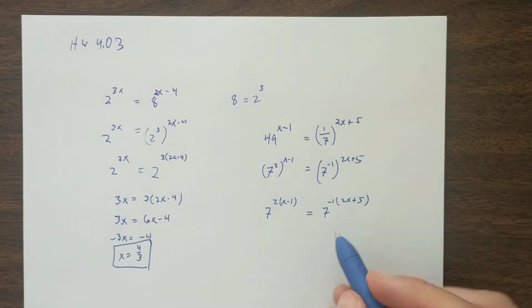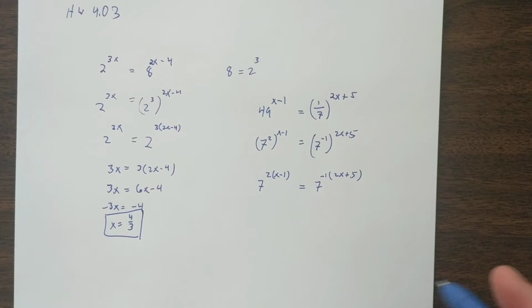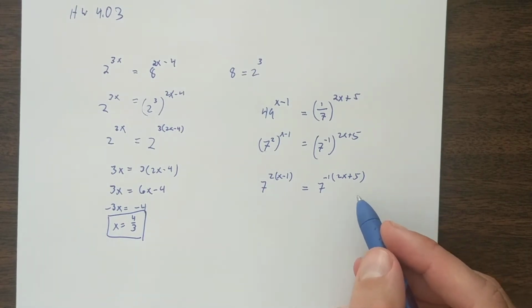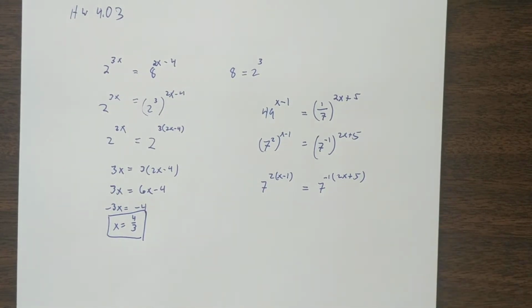Now, solving this is fairly straightforward, we can pretty much ignore the fact that this is an exponential. In fact, what we're doing is we want to get rid of the base. Well, how can we get rid of the base? What operation do we do on both sides to get rid of the base?